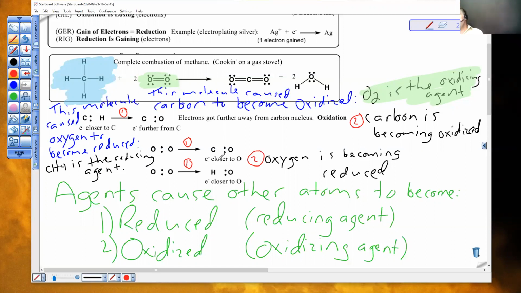When electrons get closer to an atom, the atom's becoming reduced. Electrons got further away from carbon, carbon is becoming oxidized. Those are our new definitions, by the way. Electrons moving further away is oxidation. Electrons moving closer is reduction.